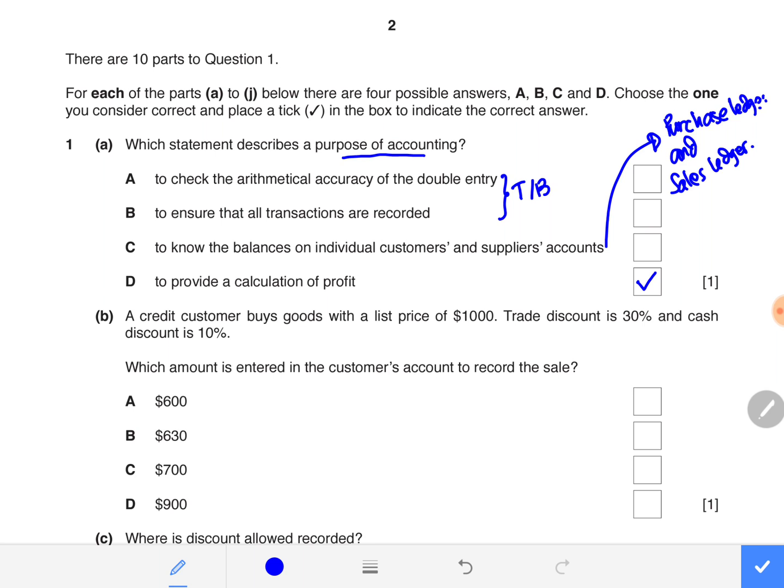So, since all of these three do not fit the description of accounting, the best answer is to provide the calculations of profit.